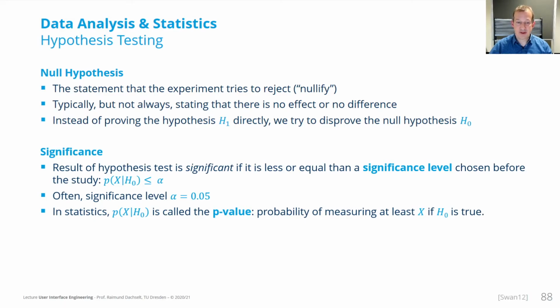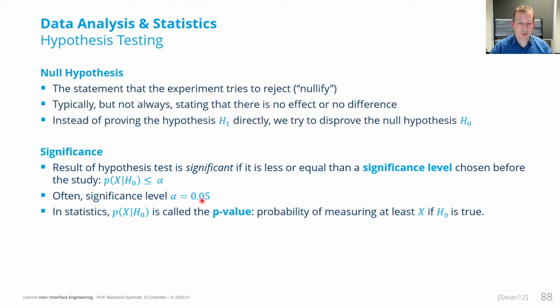The result of this hypothesis test is significant if it is less or equal than a certain predefined significance level, which we chose before the study. Let's call this level alpha, and if the probability is smaller or equal than alpha, then we say it was a significant result.